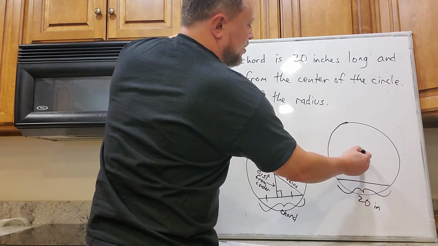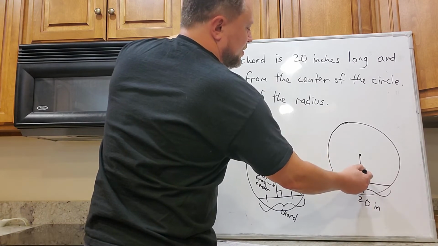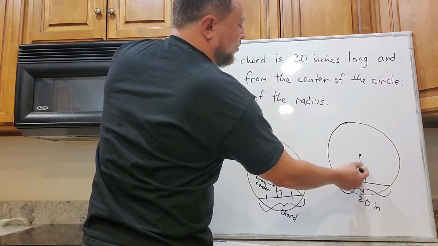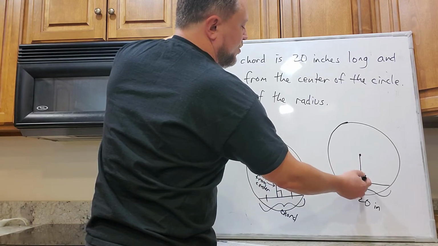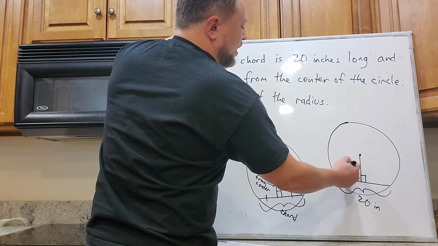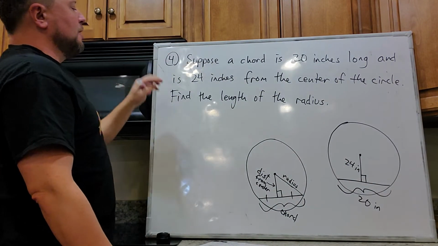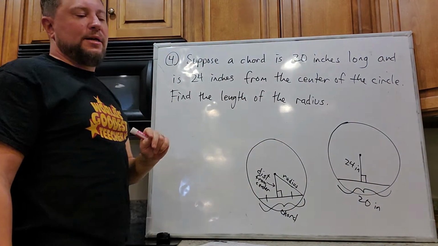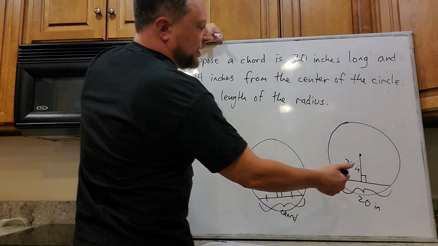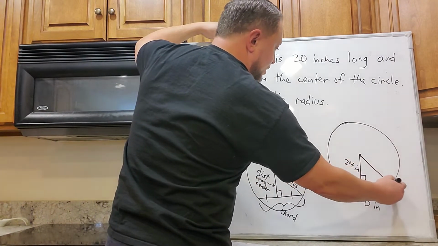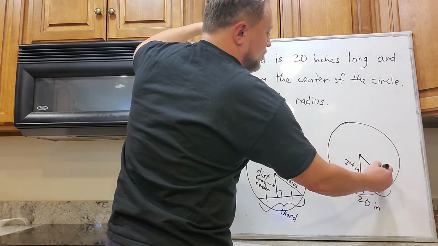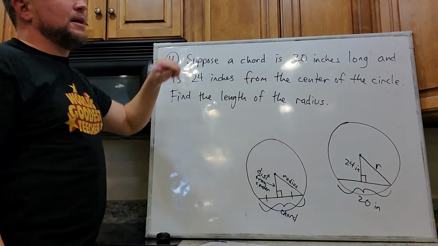So if this is the center of my circle, distance is measured at a right angle from the chord to the center, and that's 24 inches. They want us to find the length of the radius. The radius is always what caps off the right triangle there. So we're trying to find r in this case, that radius.